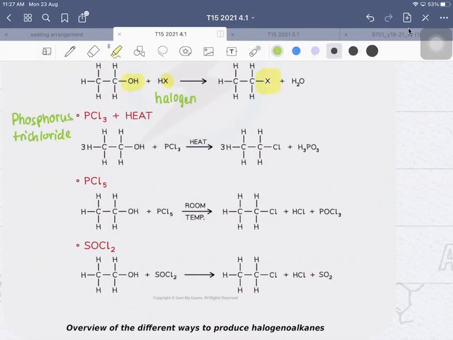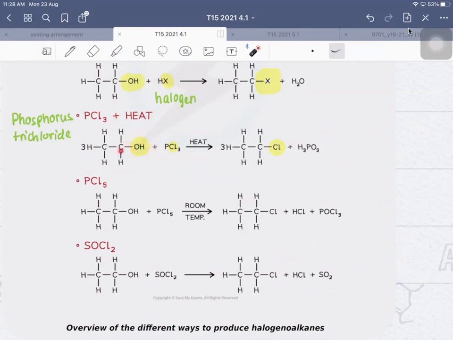Your hydroxy group is being replaced by one chlorine atom. Even though there are 3 chlorine atoms in PCl3, only one chlorine atom will be substituted. Why? Because you don't have any other OH group. The rest are just hydrogen atoms. The chlorine cannot kick out the hydrogen. The only thing that the chlorine can kick out is the OH group.